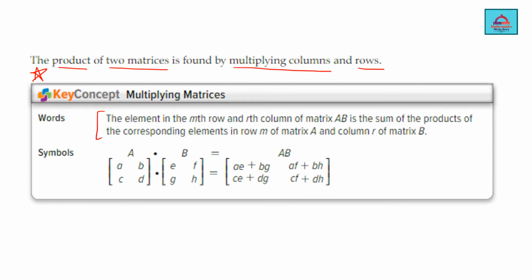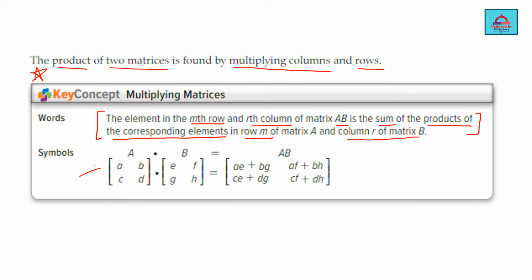Let me read it in words. The element in the mth row and the rth column of the matrix AB is the sum of the products of the corresponding elements in row m of matrix A and column r of matrix B. I know this sounds complicated, but I'll try to make it easy for you.